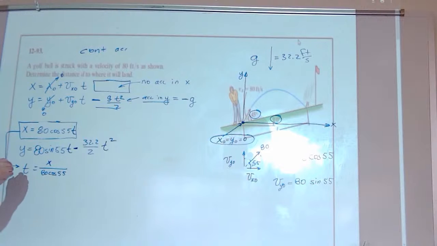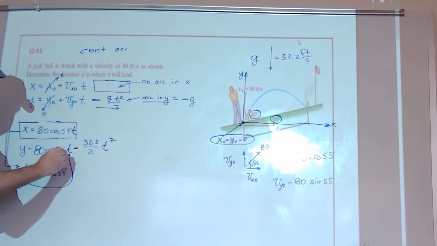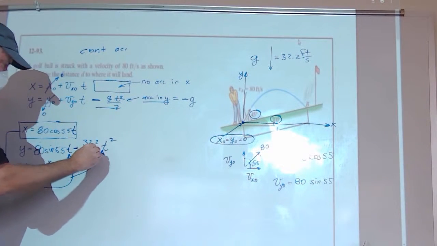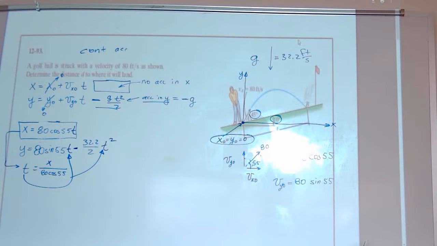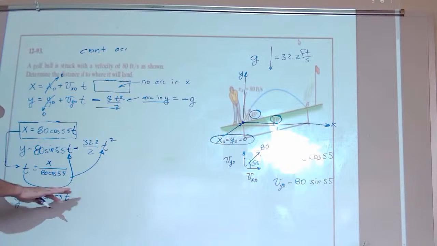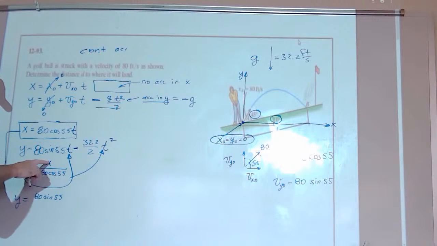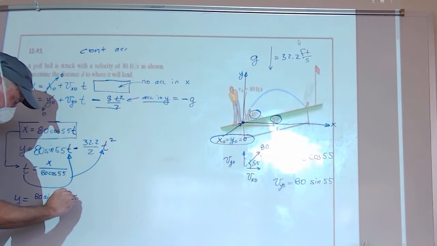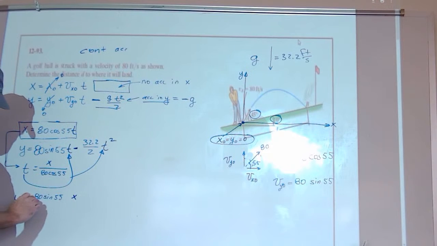And now I'll stick this in here and stick this in there. Once I do that, I get y equals 80 sine of 55 t. And I'll move the t over because in the place of the t, I'm going to have an x, but this part is going to go under here.